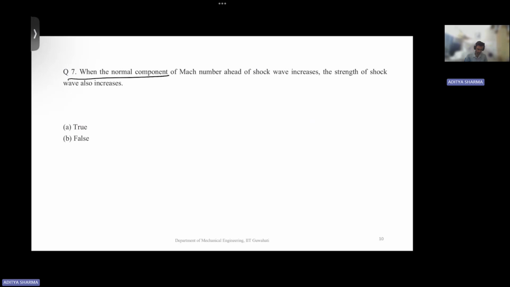When the normal component of Mach number ahead of the shock wave increases, the strength of shock wave also increases.